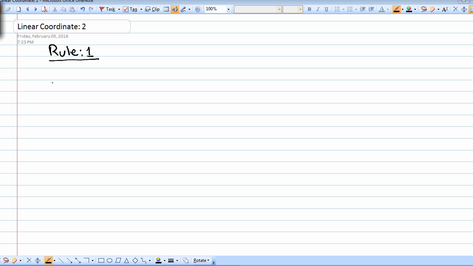Under rule 1, it states using this notation that the absolute value of negative x will always equal the absolute value of positive x. So how do we determine that?